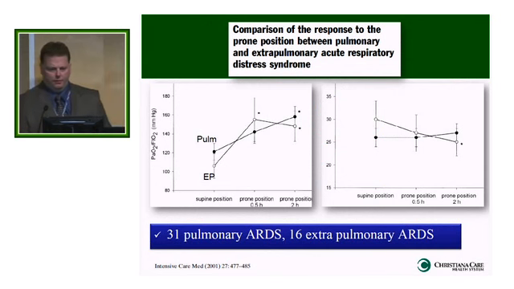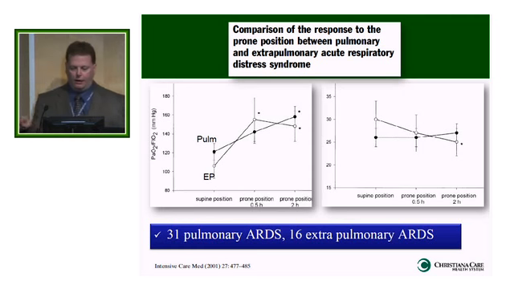Just a couple of things looking at responsive prone. I have one or two studies here that look at the extrapulmonary versus the primary pulmonary ARDS and how proning responds.